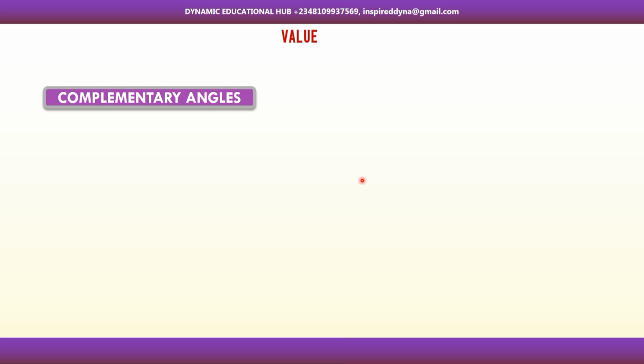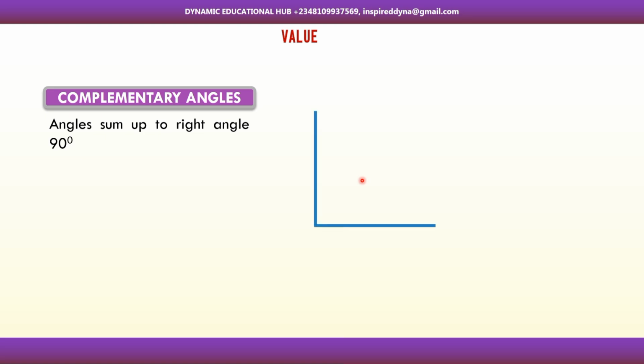So let's learn complementary angles. What are complementary angles? Angles that sum up to a right angle, which means 90 degrees. When you add angles together and you get 90 degrees, then you have complementary angles. Example: when we have two lines that are perpendicular to each other, remember that the angle formed by the two lines is going to be a right angle, isn't it?